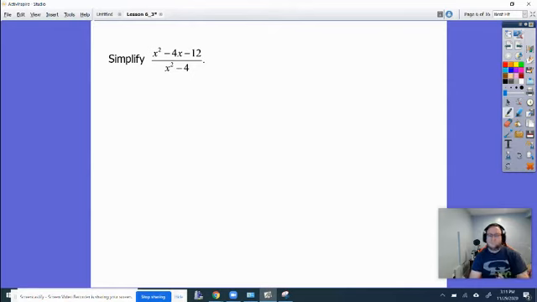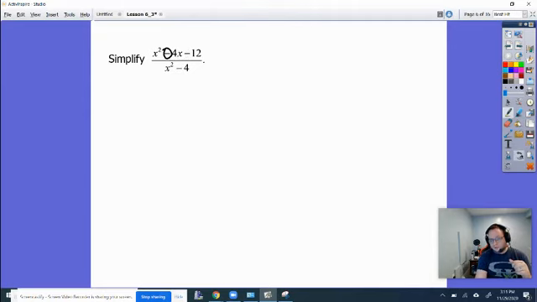The first step on every one of these simplify problems, so simplify tells us, hey, we want to try to get rid of stuff. Do not do this. And I want to be very clear, do not do this. If you have any addition or subtraction, you cannot just cross stuff out. You have to factor it first. If it's all multiplication, that's fine. But if there's any addition or subtraction, do not start crossing stuff out.